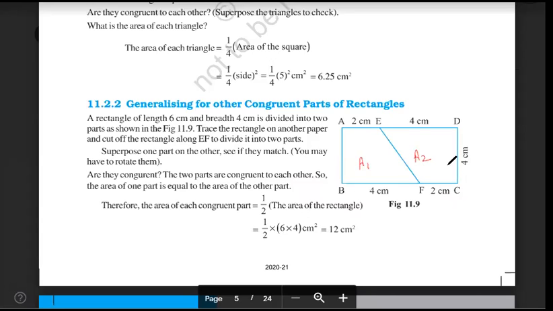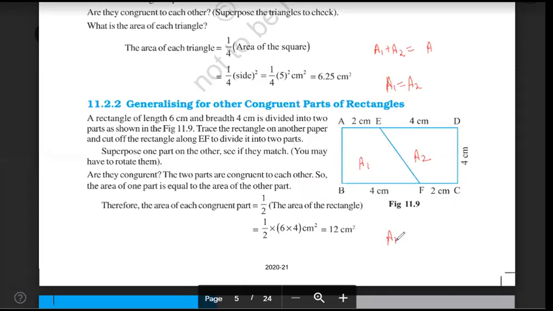It is same, because see, it is 2 and 4, it is also 2 and 4. So can I say that A1 plus A2 is equal to total area of triangle A? Yes or no? And we know that A1 is equal to A2. So can you find the area of this part A1?